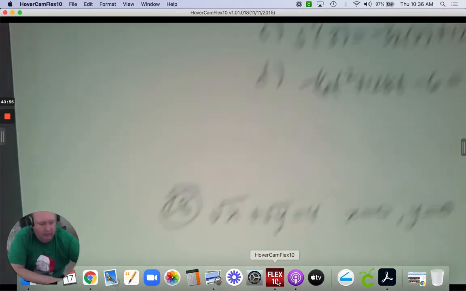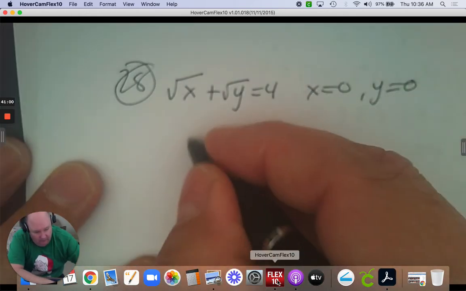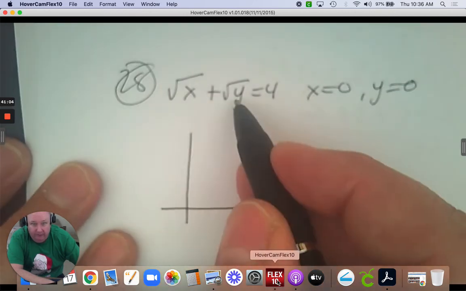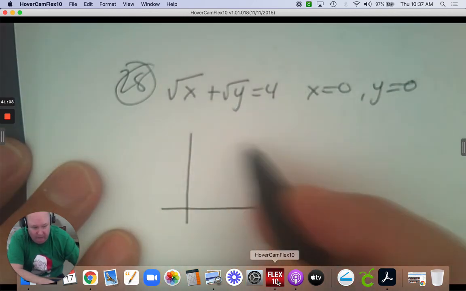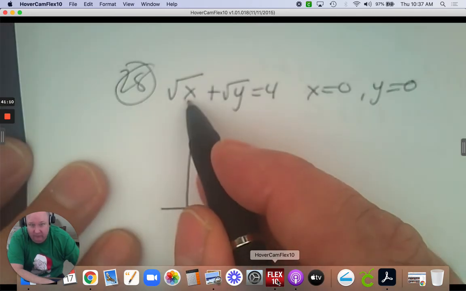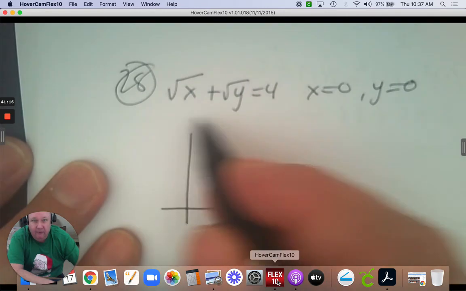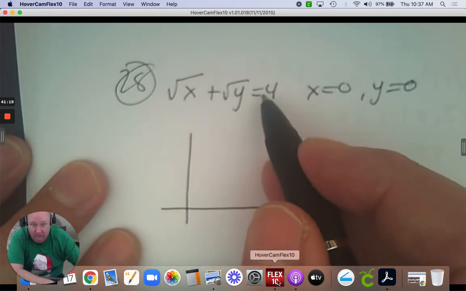All right, what would I do if I had to sketch this? So first of all, I know that all the values are going to be in the first quadrant because you can't have negative for x or negative for y, so that's a good start. 0 does not equal 4. So I'm going to find some points to put into this that would then match this equation.